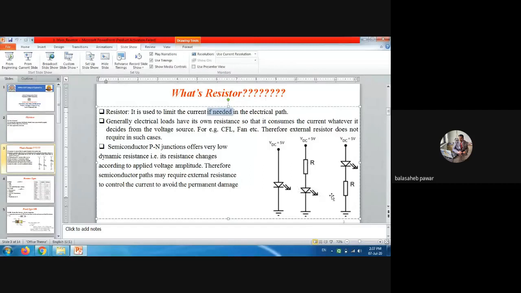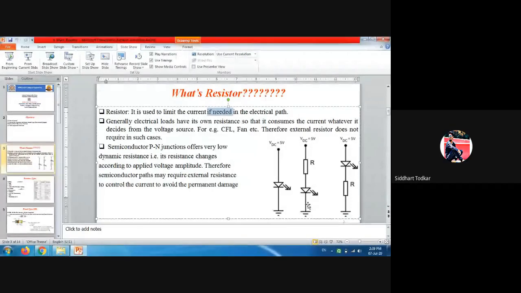So the equation will be 5 volts equals I, which we took as 50 milli, into R, plus 2 volts, the V_LED. Therefore, taking the 2 volts to the left side, 5 minus 2, that is 3 volts, equals 50 milli into R. Therefore, R equals 3 divided by 50 milli. Is it correct? R equals 60 ohms.